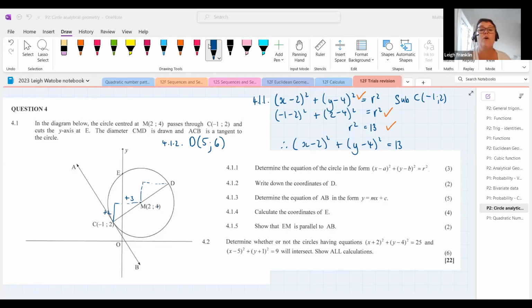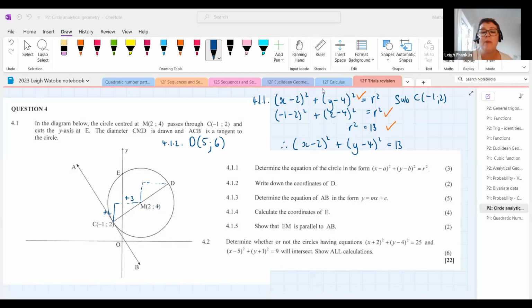All right, moving on. The equation of AB in the form y equals mx plus c. So remember, AB is a tangent, hint, hint, hint, to the circle. So it's our job to work out the gradient of the tangent, and it's our job to calculate its y-intercept.